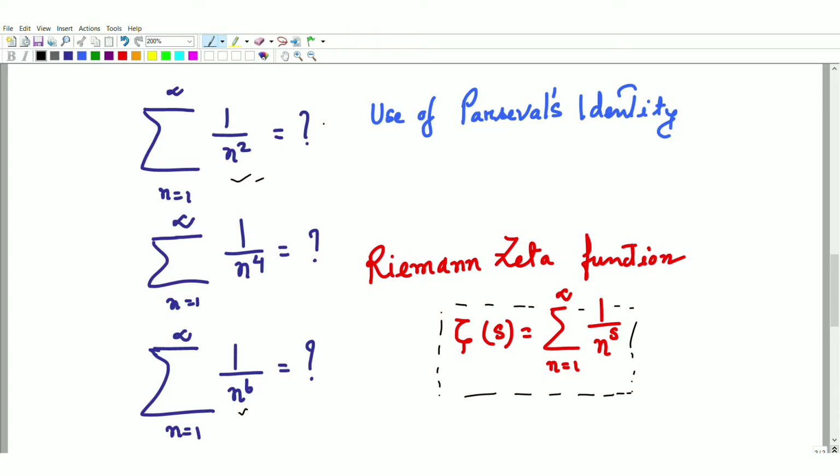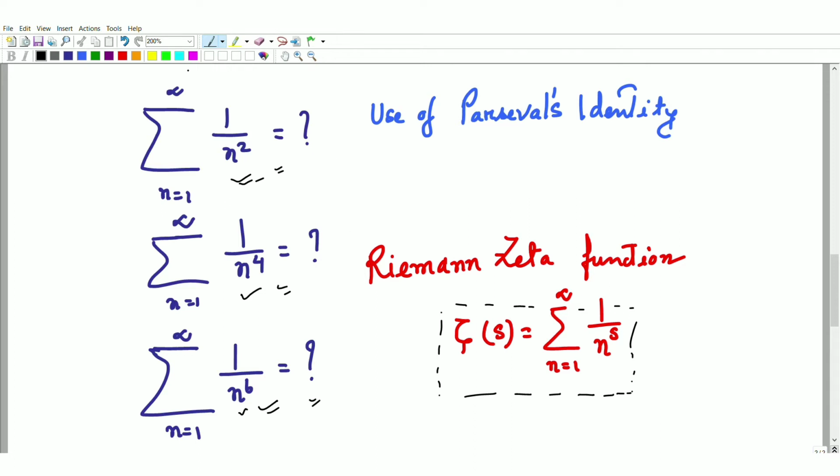You have to write down the Parseval identity for particular functions, then only you can find these summations. We cannot obtain the value of the summation starting with any function.